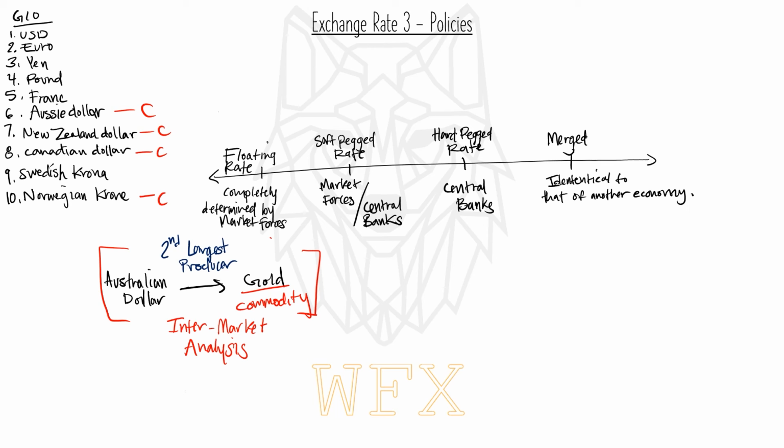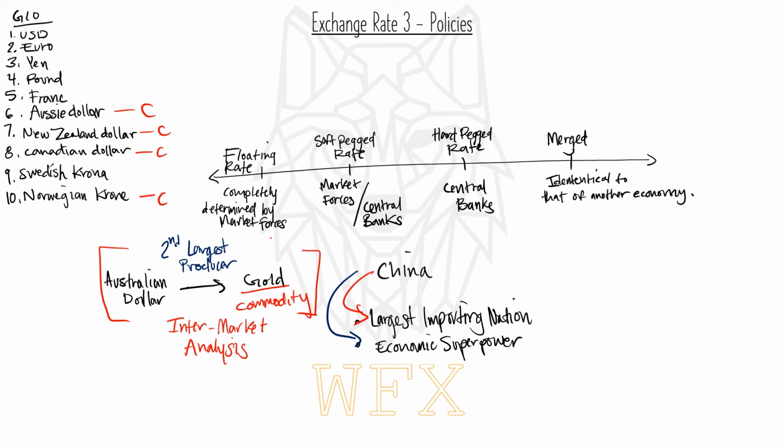It is also worth mentioning that a lot of commodity prices are sensitive to the behavior of China because it is one of the largest importing nations and it's an economic superpower. Any improvement China makes in its economy contributes to an increased demand for commodities. So the currencies of exporting nations like Australia are likely to increase in comparison to other currencies.